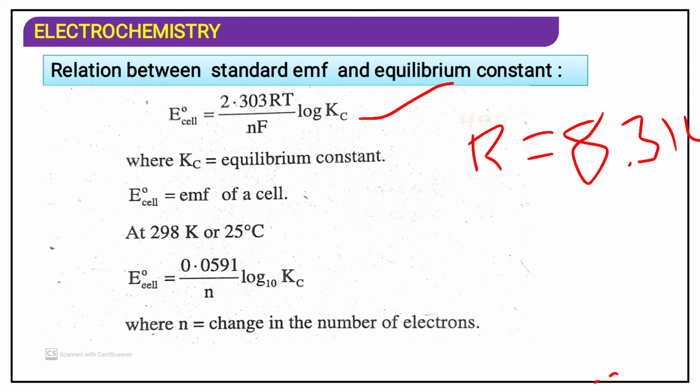After substituting all the values, we get this expression: E naught cell is equal to 0.0591 divided by n log Kc. This is the expression we get after substituting the R value, T value, and Faraday value.